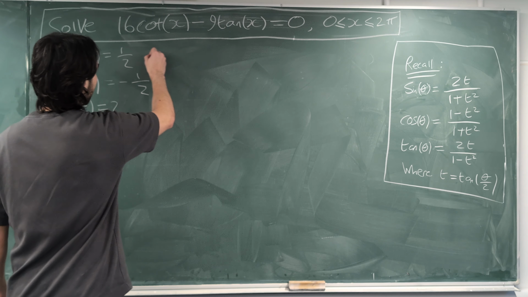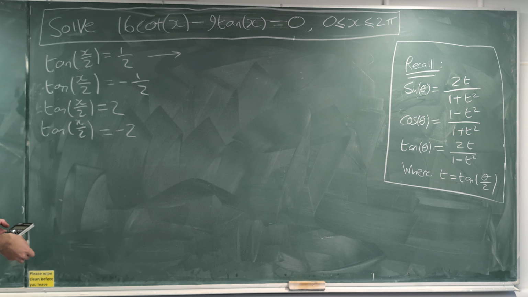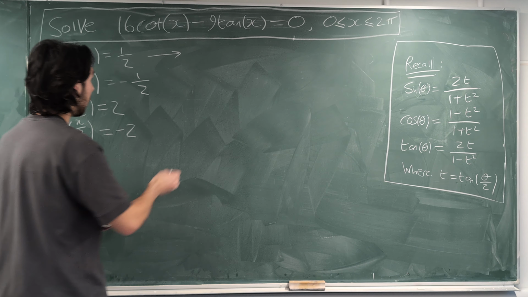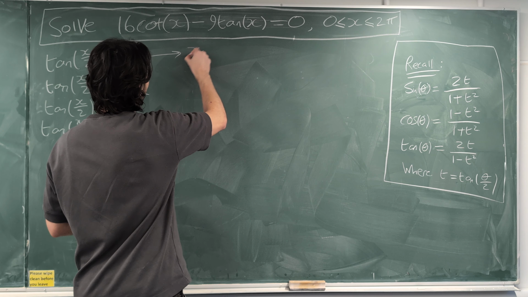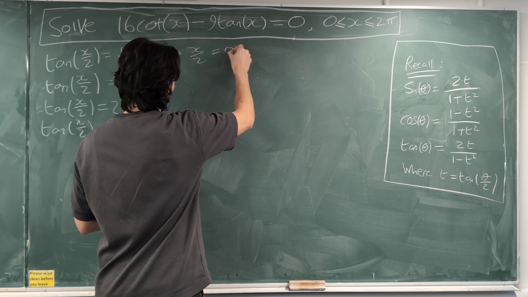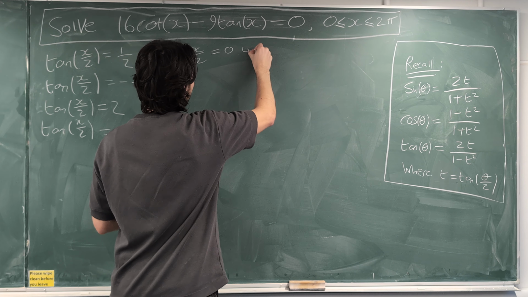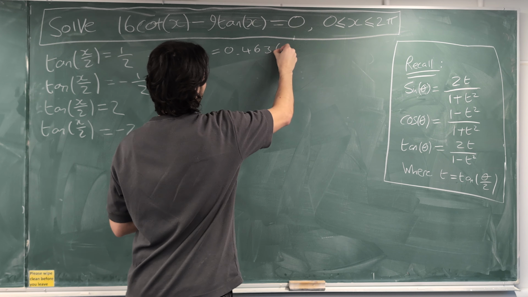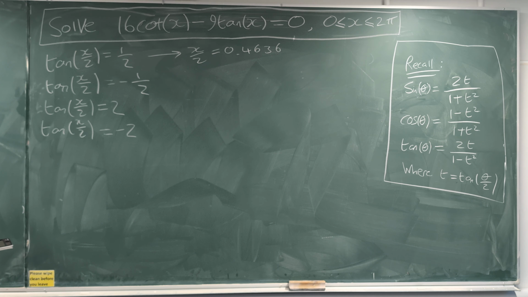So starting with the first one, taking inverse tan of both sides, we would have arctan of a half is 0.4636, roughly. Okay, that's the first value of x over 2.